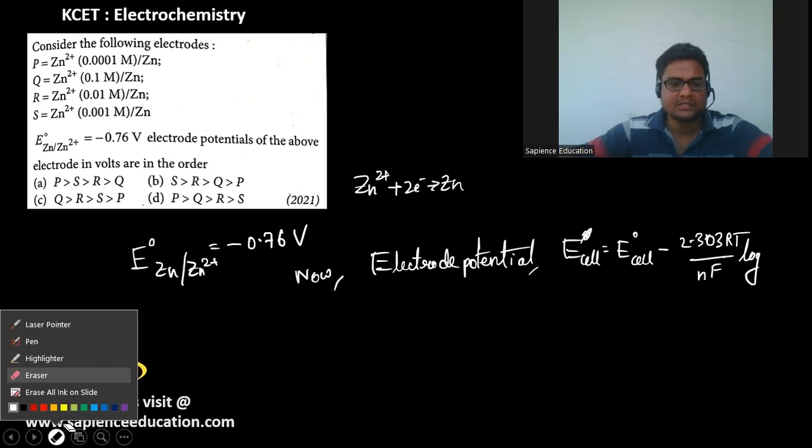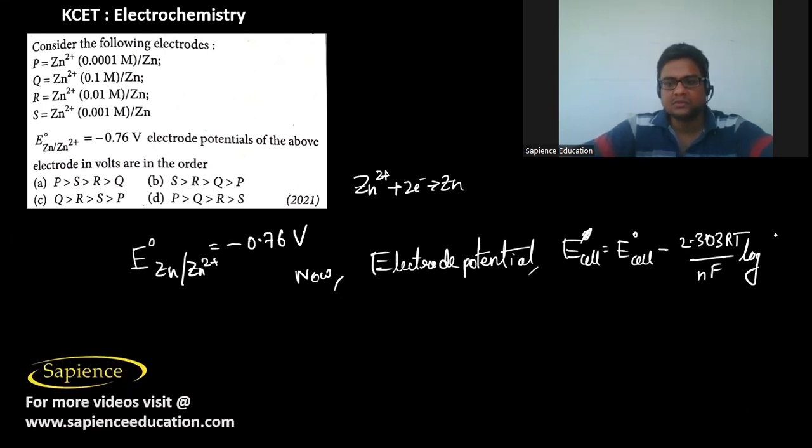Q is the reaction quotient. So that will be 1 by zinc concentration.